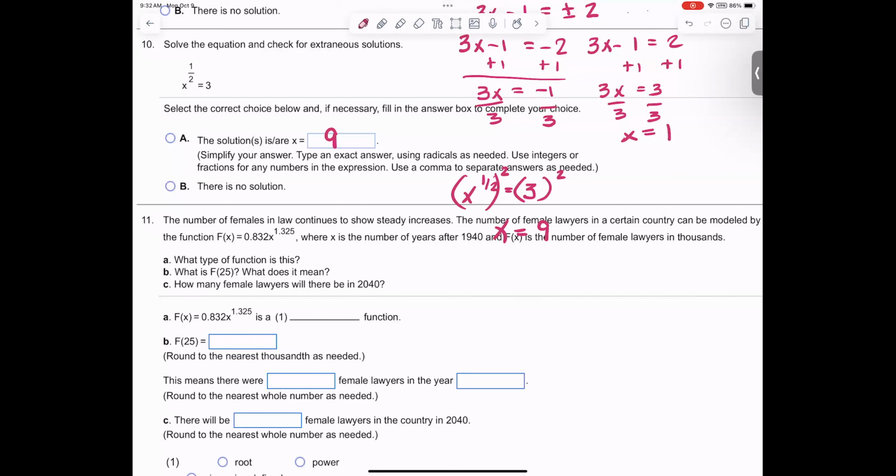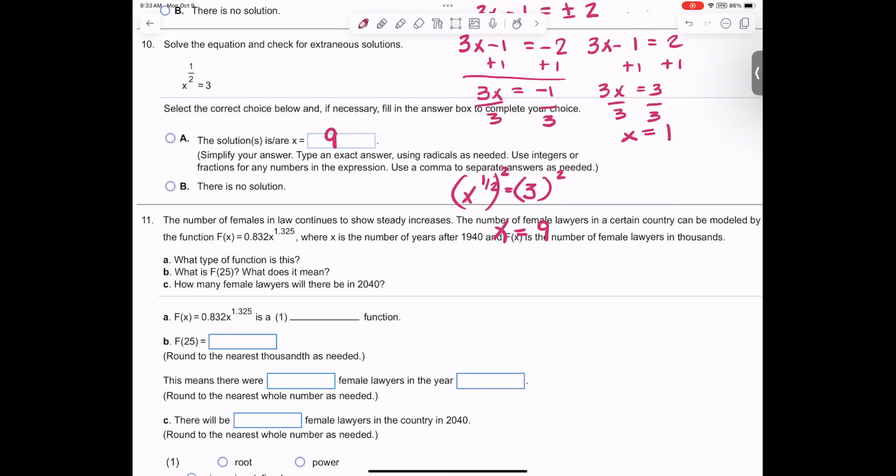All right, problem 11. The number of females in law continues to show steady increases. All right, let's try this again.